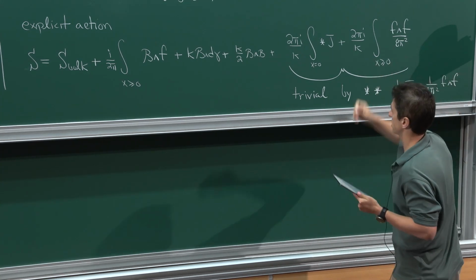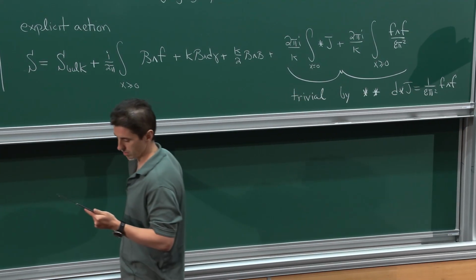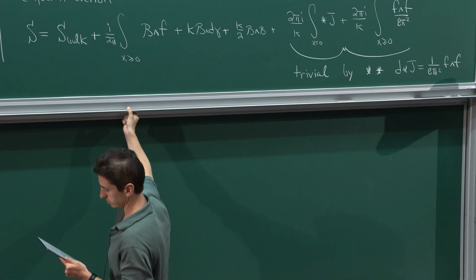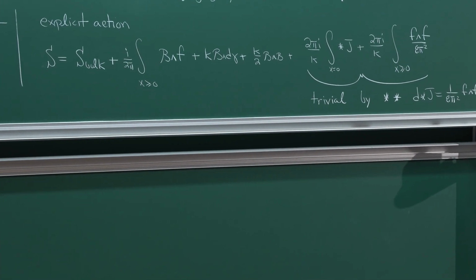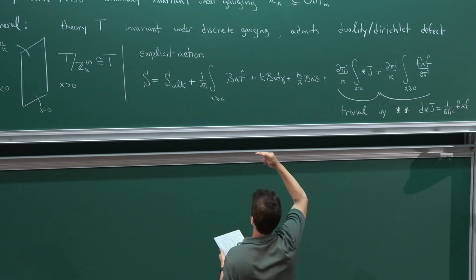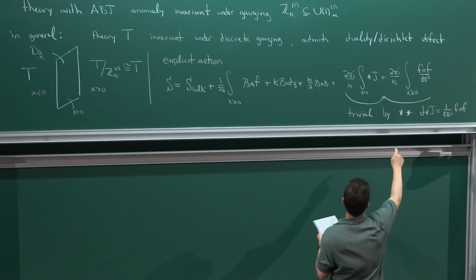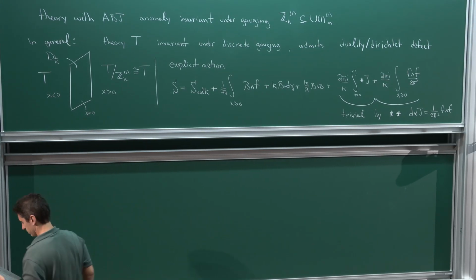So if I've chosen the signs correctly, that's just adding 0 to both sides. But it will be a convenient 0. So far from x equals 0, this is the nothing operation. We've gauged this ZK one-form symmetry, which we know our theory is invariant under, and I also added 0 here. So, but something can happen at this interface. Okay?